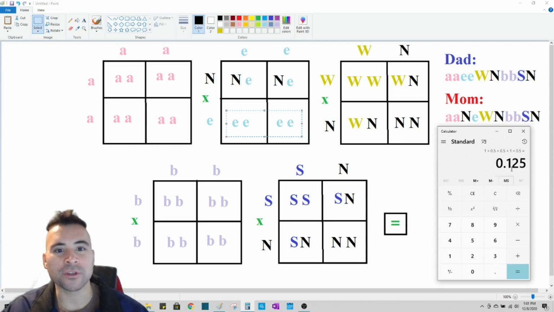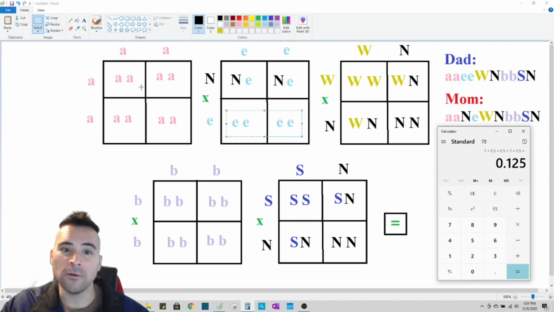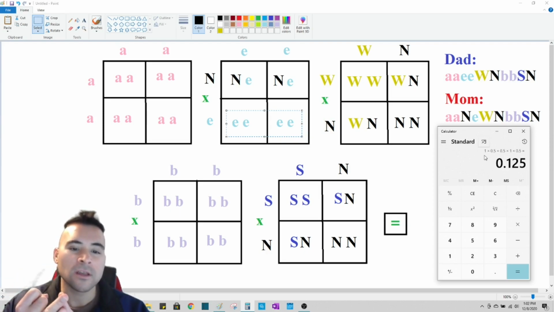What did we choose? We chose albino is 100%, eclipse is 50%, white and yellow carrying one copy of the gene is 50%, blizzard is 100%, and snow carrying one copy of the gene is 50%. 100% times 50% times 50% times 100% times 50%, you get 12% of the babies is going to be an albino, eclipse, white and yellow, blizzard, snow.